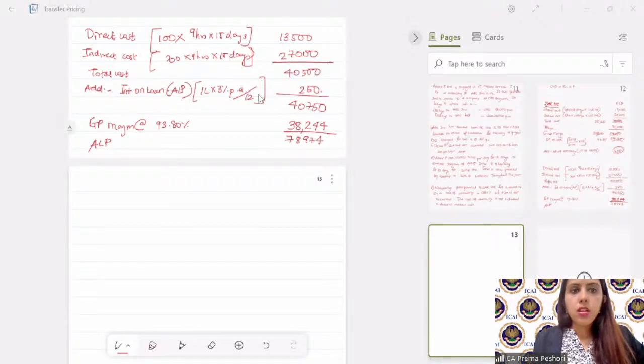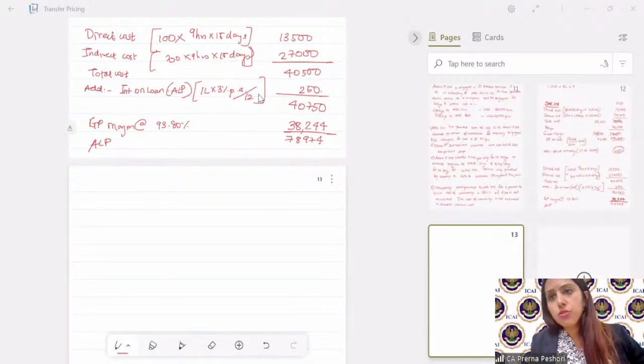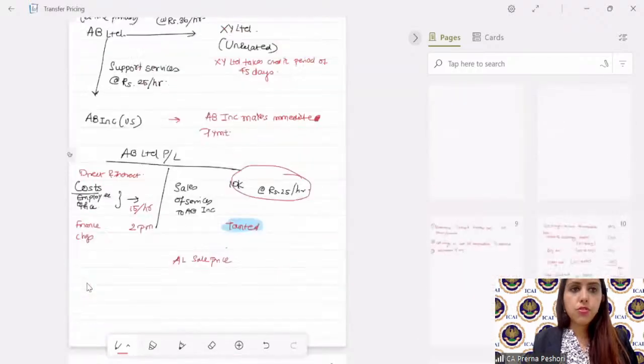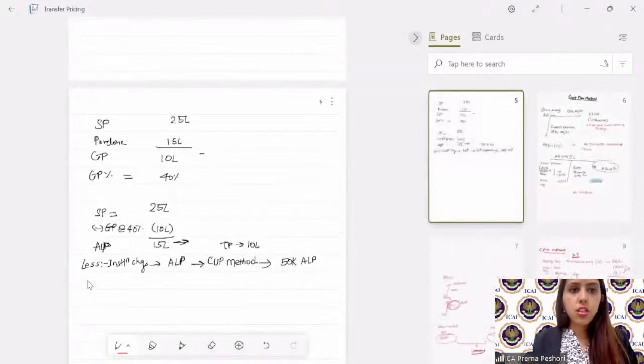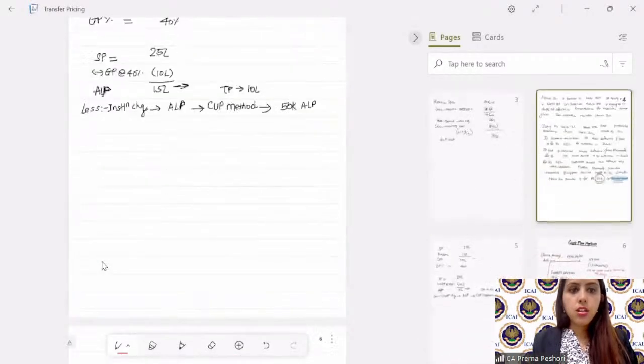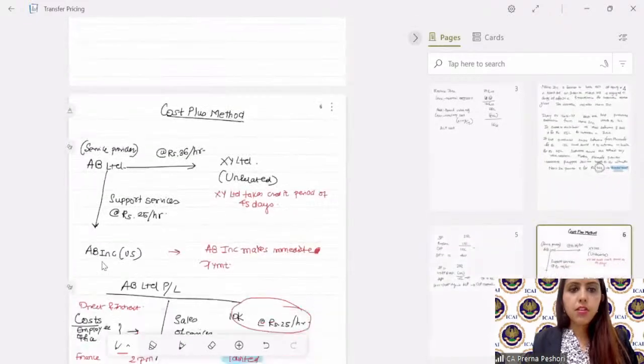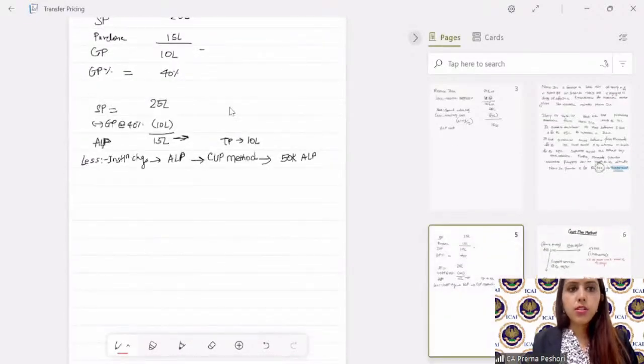Okay. Namita, your question is in the Microsoft question. We also reduced it. We assumed that it is at ALP. We reduced it in the Microsoft question also. If you see this Microsoft question, this one, here we had reduced it. I told you less installation charges.